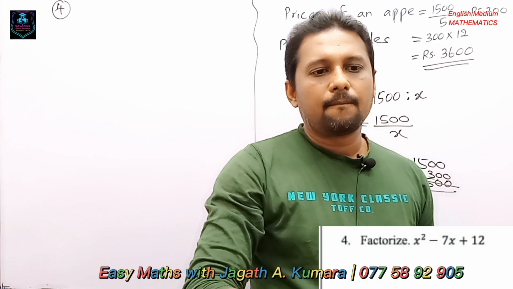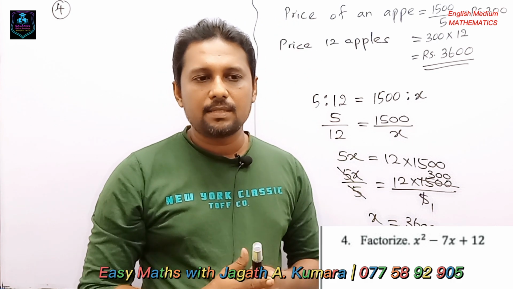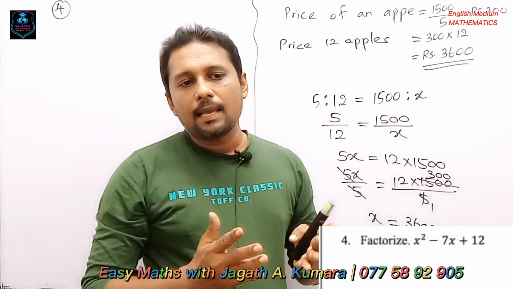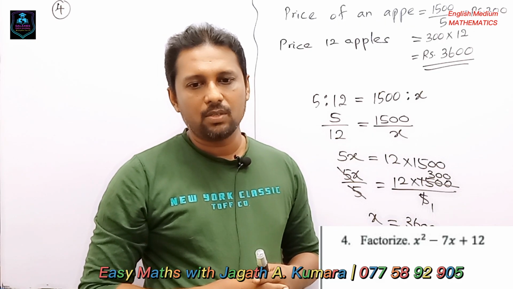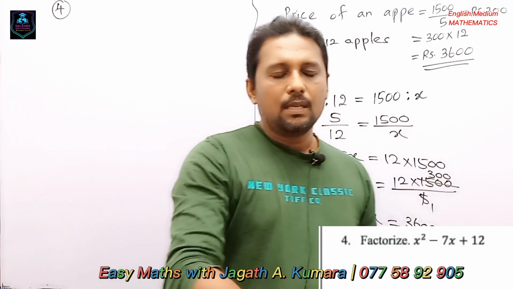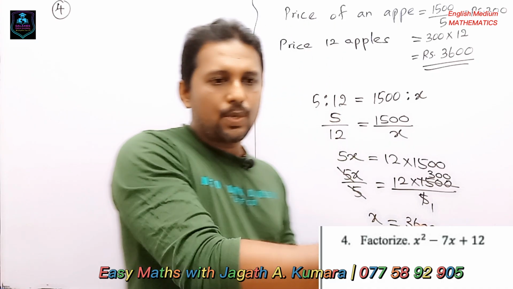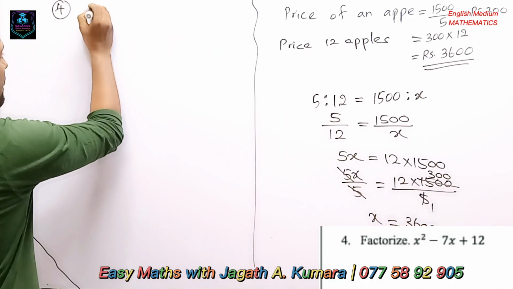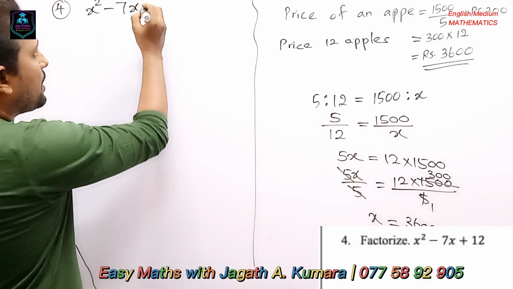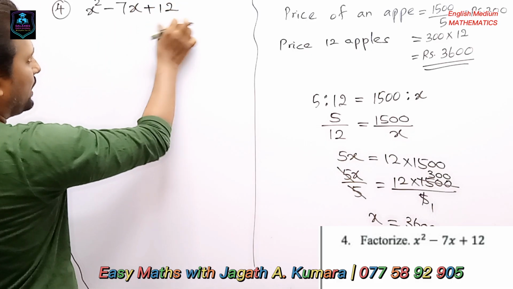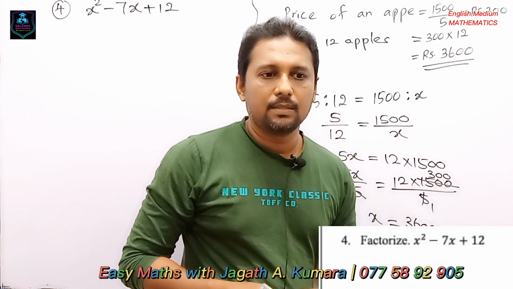Factorize algebraic expressions. You have to factorize this expression. Expressions like these are known as quadratic expressions. In this expression, you can see there are three terms: x squared minus 7x plus 12, x squared minus 7x plus 12, right?